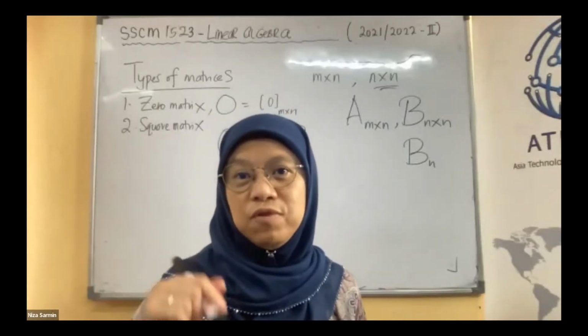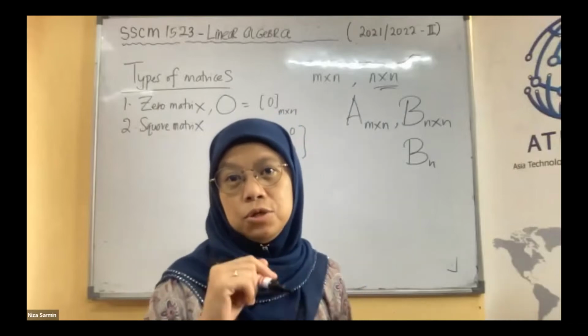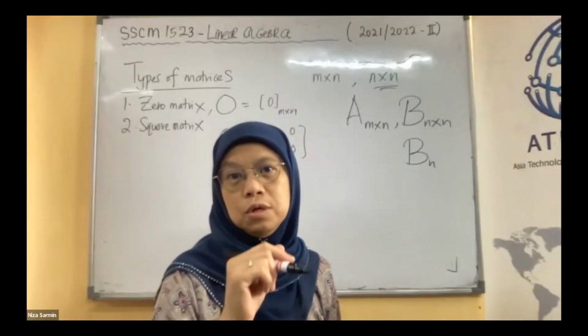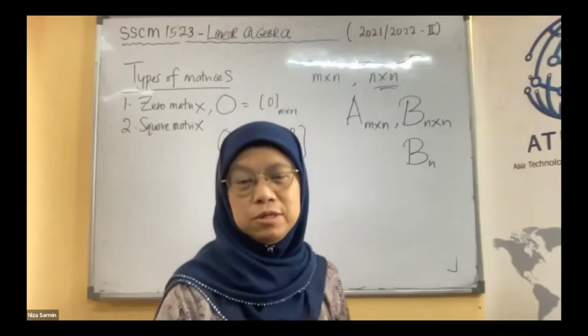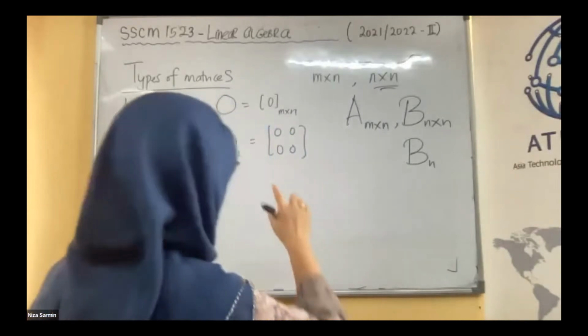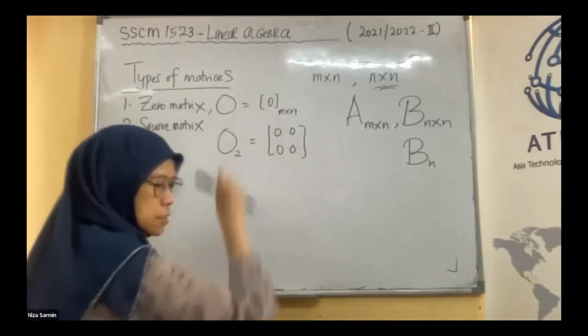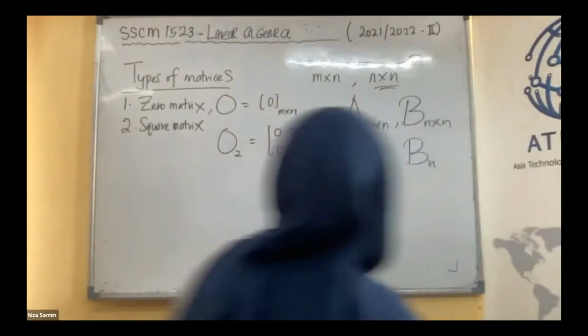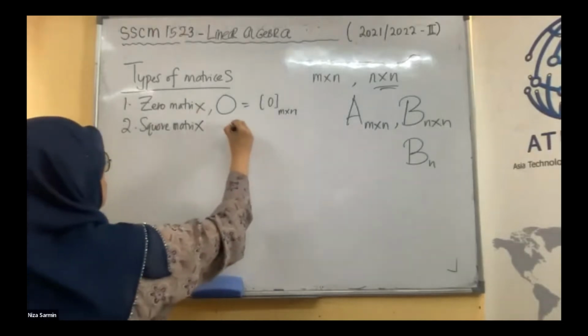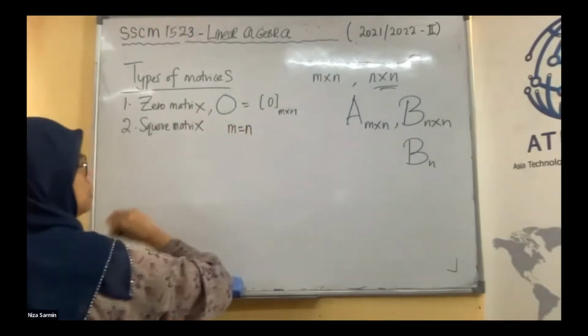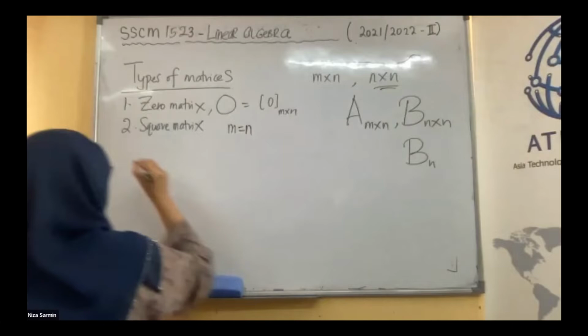You have to know the definition in general because you have to be able to prove in general if given some properties of matrices. That's why I write in terms of this. The next one is a square matrix, so M is N, right? So you have this matrix.